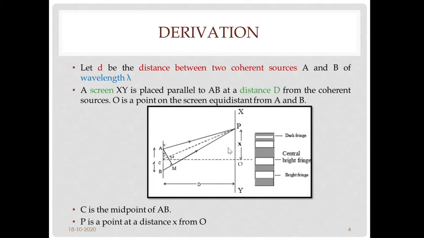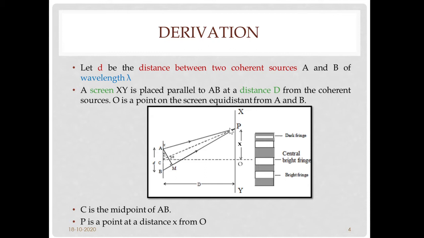And we have placed a screen XY at a distance capital D from A and B. And we have marked a point on the screen, capital O, which is equidistant from A and B. C is taken as the midpoint of A and B, and P is any point at a distance small x from O. So this is our experimental setup.